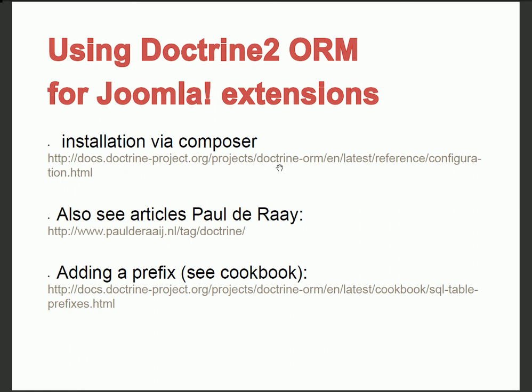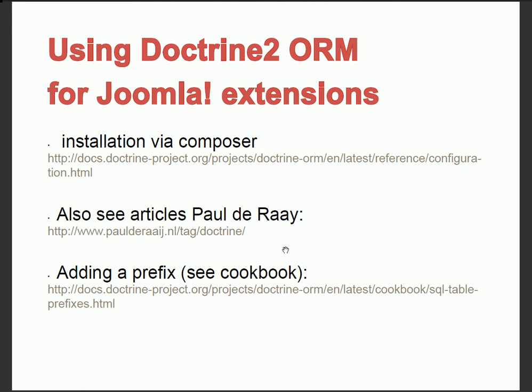You just give one require line in your composer.json, and you have the whole stuff and all dependencies. For instance, Doctrine object relational mapping depends on two packages: Doctrine common and Doctrine database abstraction layer.